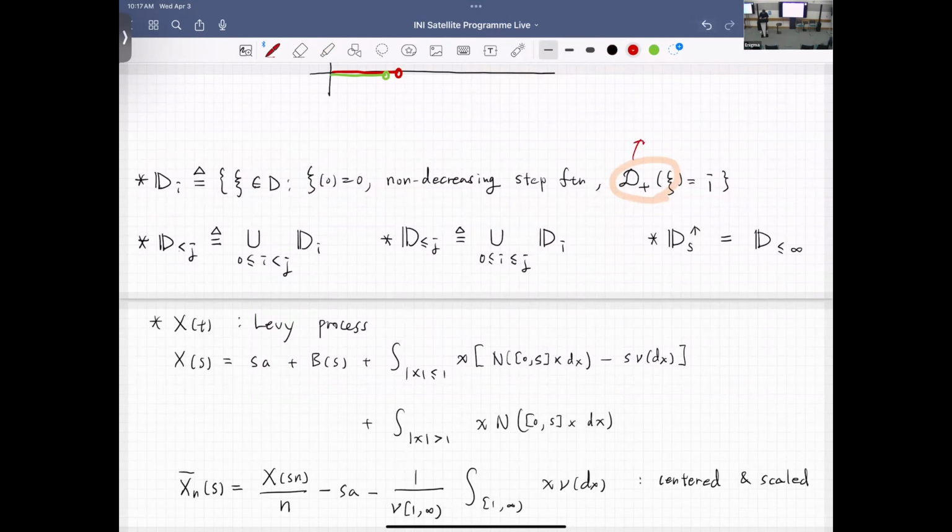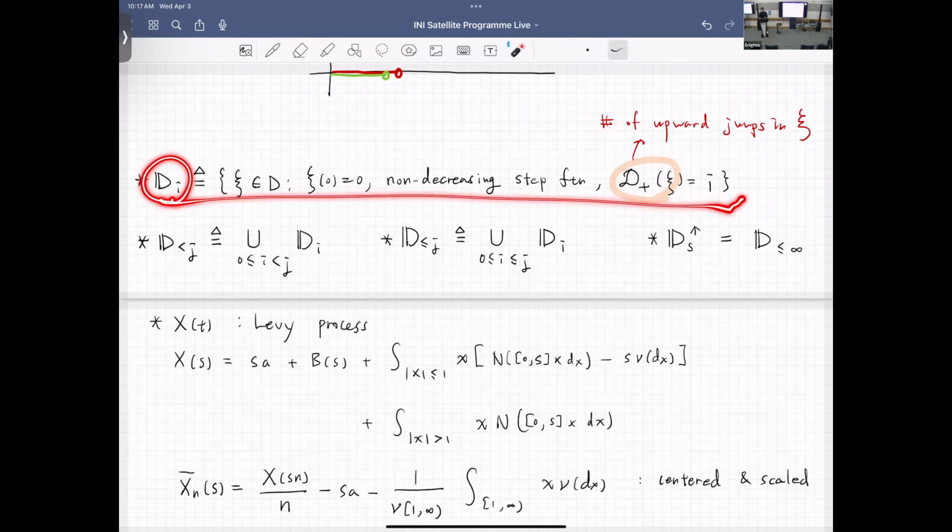So this is the number of upward jumps in the path. Okay. So these are the step functions with exactly I jumps, and they're upward.